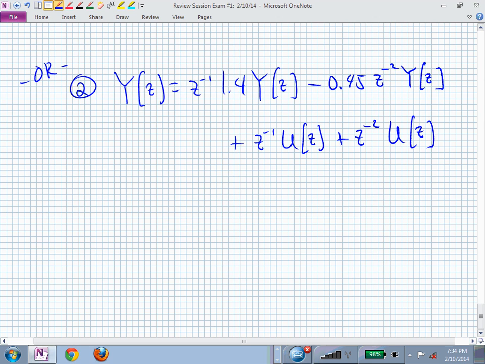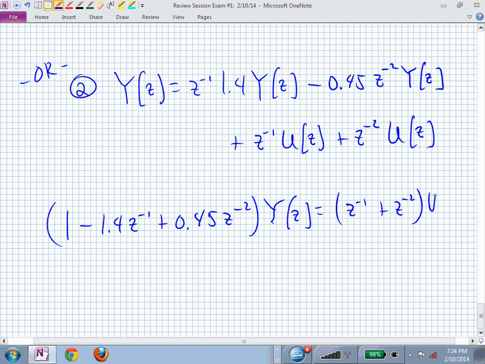We can now collect coefficients of capital Y. We now have 1 minus 1.4 z to the minus 1 plus 0.45 z to the minus 2 equaling z to the minus 1 plus z to the minus 2 scaling u of z.